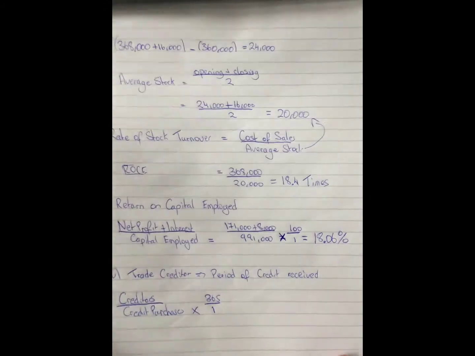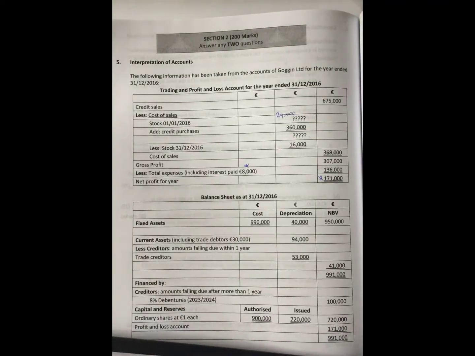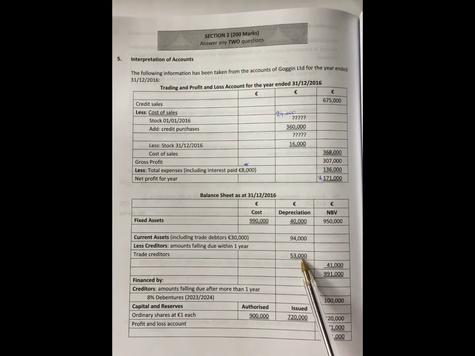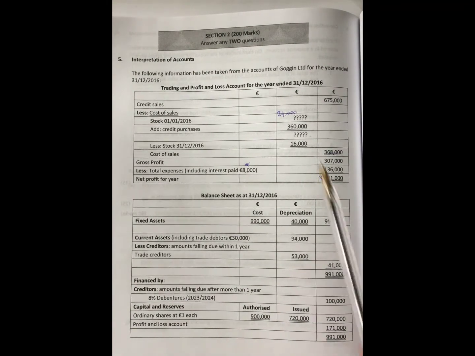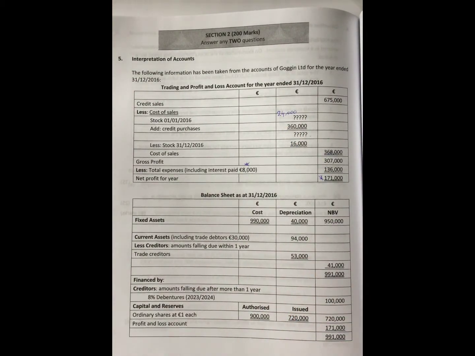So I'm looking for my creditors, my credit purchases first. Okay, so the creditors then, if I look here, I can see it's 53,000 euros, and the credit purchases then that I have will be 360,000.